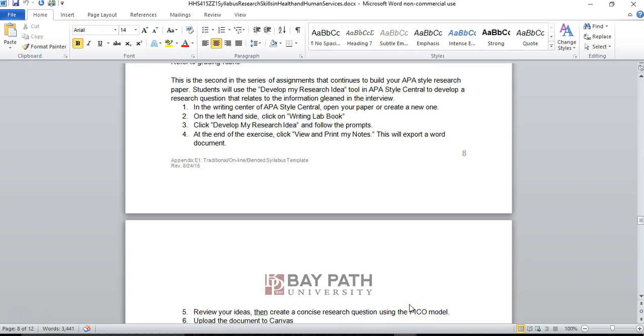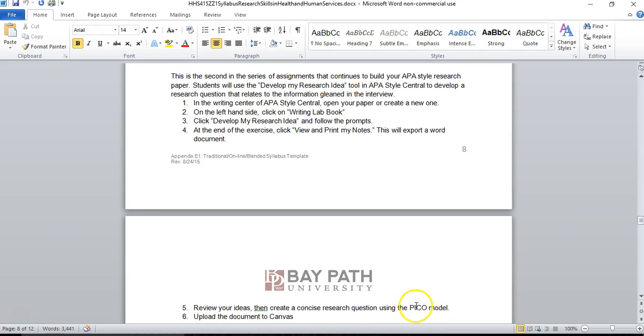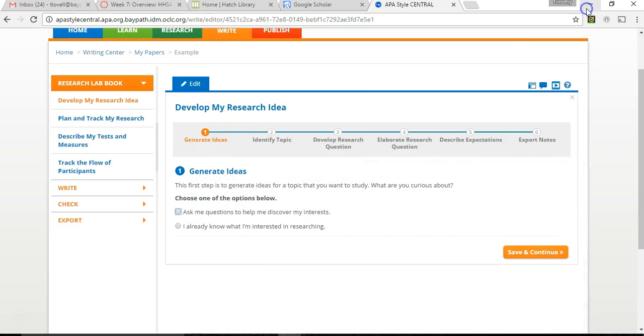Then you can use the PICO format. See, it says PICO down here, and that was in last week's module. That was in one or two of the PowerPoints that you looked at. So you should feel comfortable with what the PICO model is. So you'll go through this timeline, this format. You'll get your page of notes, and then you'll develop your pointed research question from that.